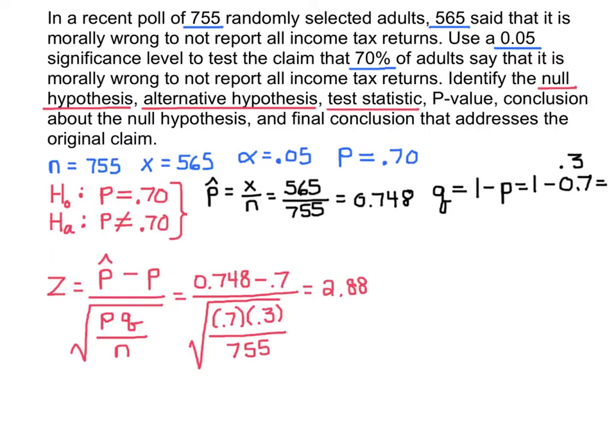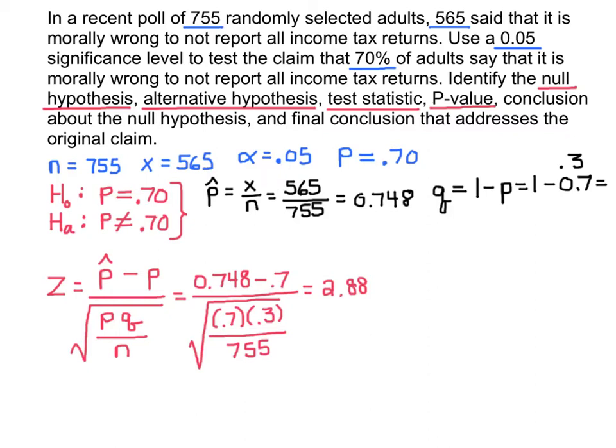Now we're going to look at our p-value. We need to determine the p-value. And the p-value is the probability of getting a test statistic at least as extreme as the value representing the sample data. Well, in this particular case, we have to look at our significance level, and our significance level is 0.05.